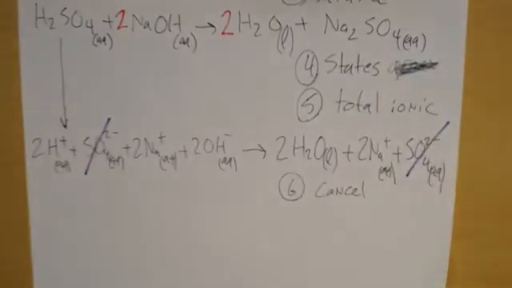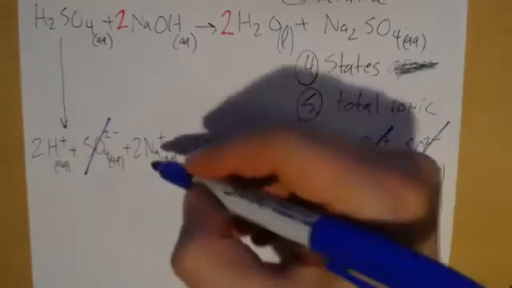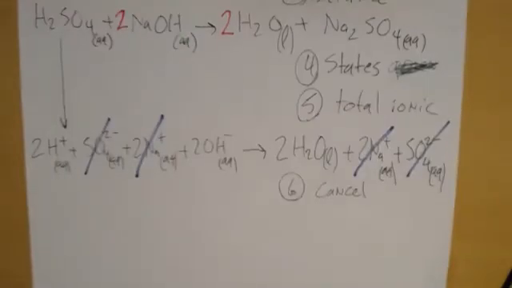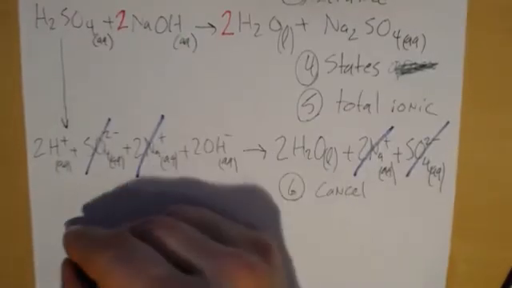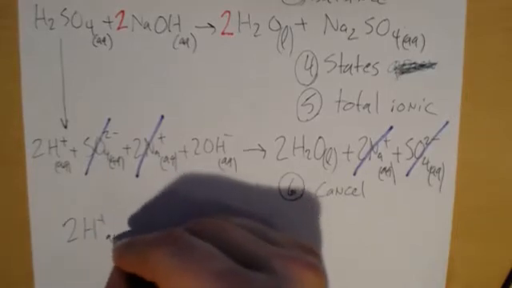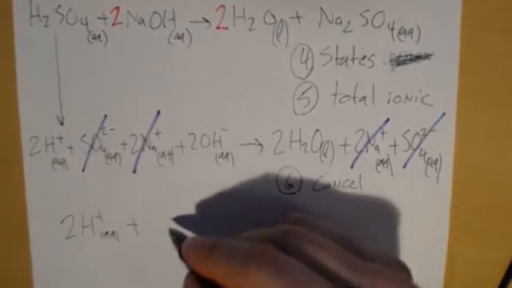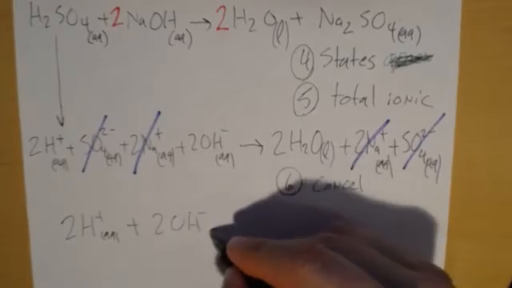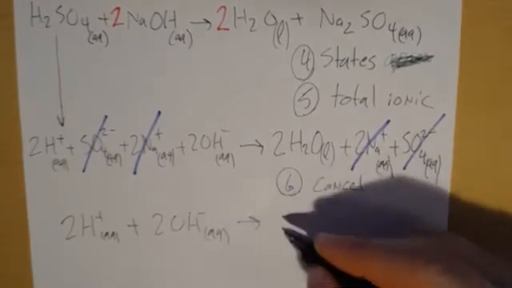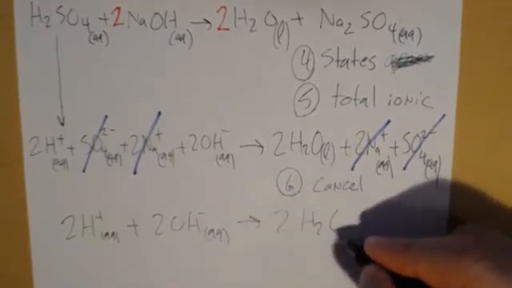The sodiums, 2 sodiums, also go away. Okay, so let me rewrite this so we can look at it. I have 2H plus aqueous plus 2OH minus aqueous goes to 2 water liquid.